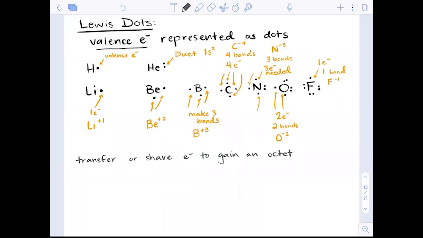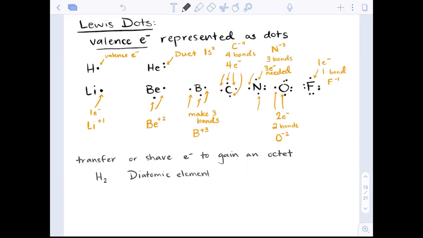As we have seen in a couple of reactions so far, some elements are not by themselves out in nature. We have what we call a diatomic element.